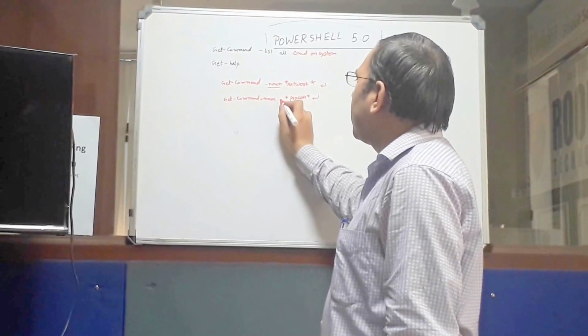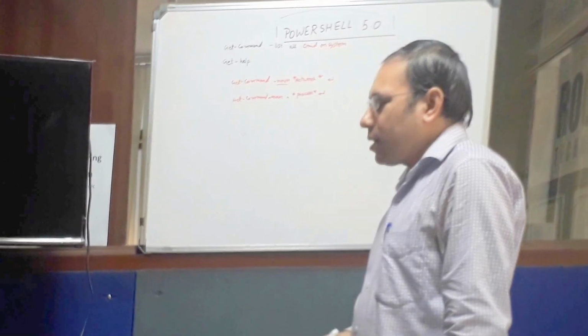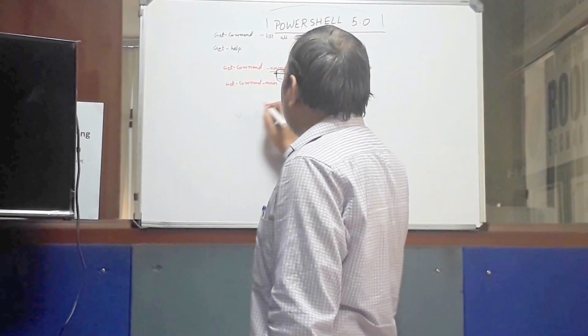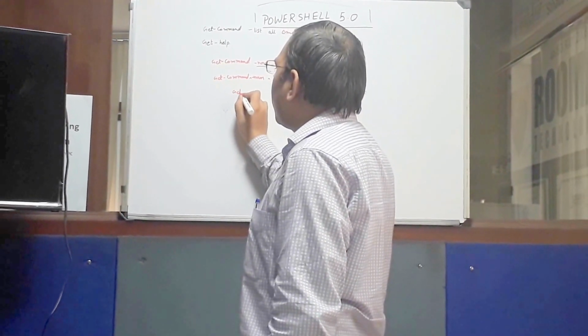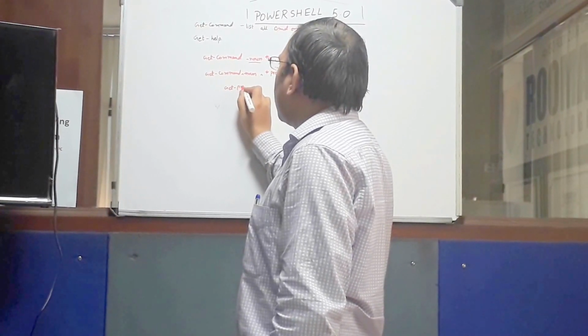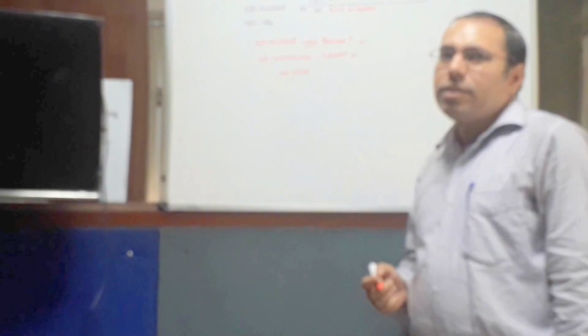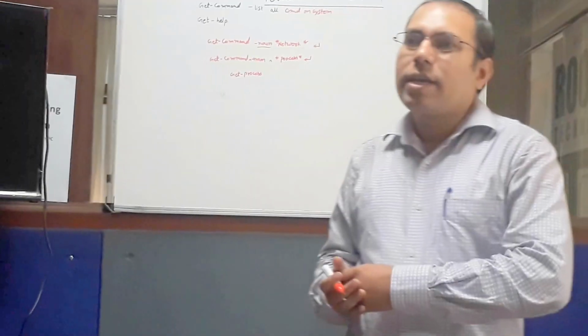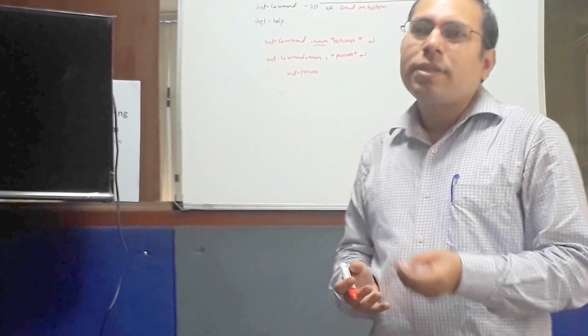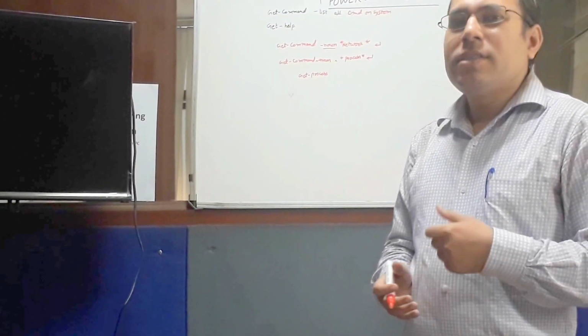So it will give you the list of Get-Process, one command. It will have a description which will tell you that you can use this command for getting the list of the processes running on your system.